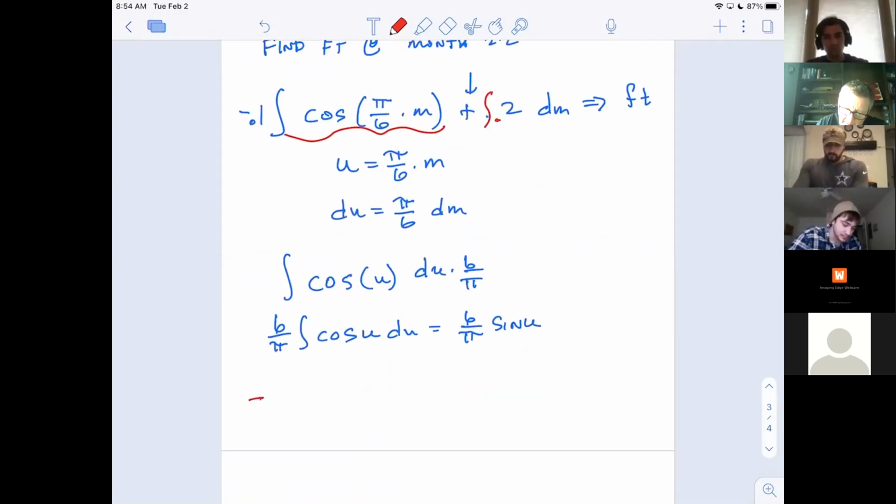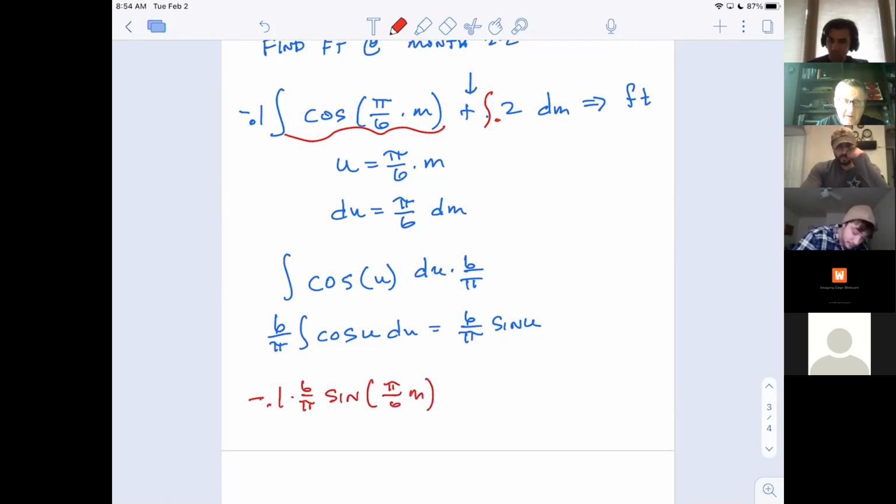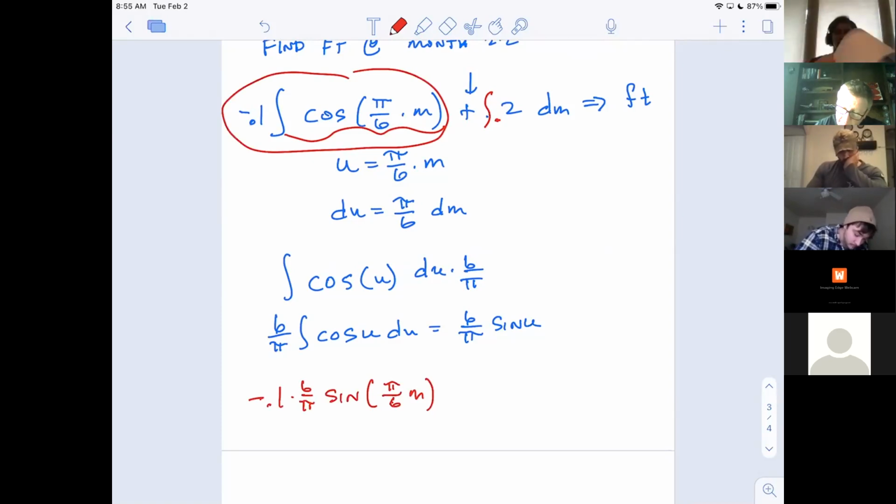So that means I have negative 0.1 times 6 over pi times the sine of u, but we said u was pi over 6 m. So there, that integral has been taken. I have not screwed up, at least I don't think, that integral right there. I've taken it correctly. And if I want to be sure, I could take the derivative of sine of pi over 6 times m and make sure I get back to where I started from. What's the integral of 2? Well, that's easy, 0.2m.